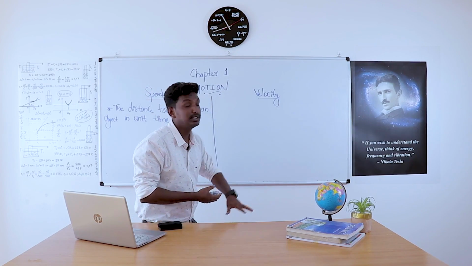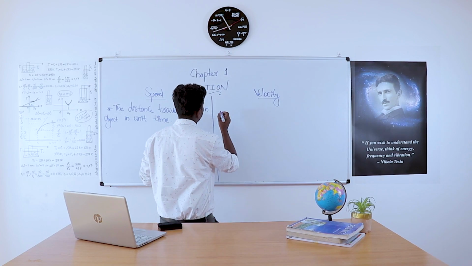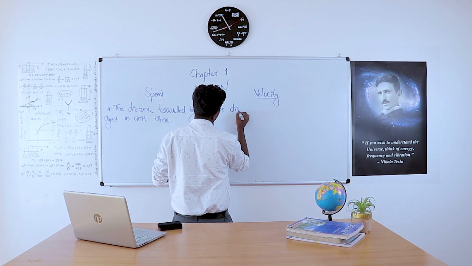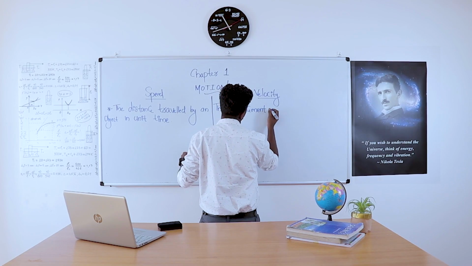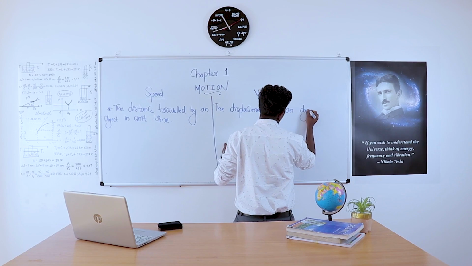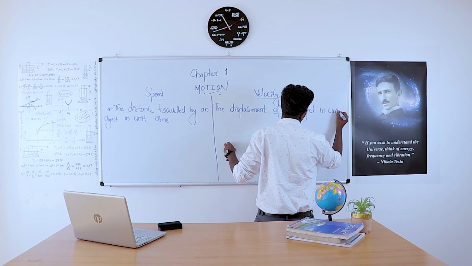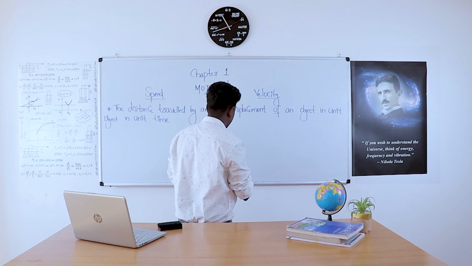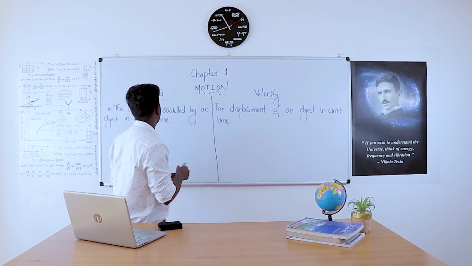Speed is the distance in unit time, while velocity is the displacement in unit time. The displacement of an object in unit time, that's the velocity. First point of difference.